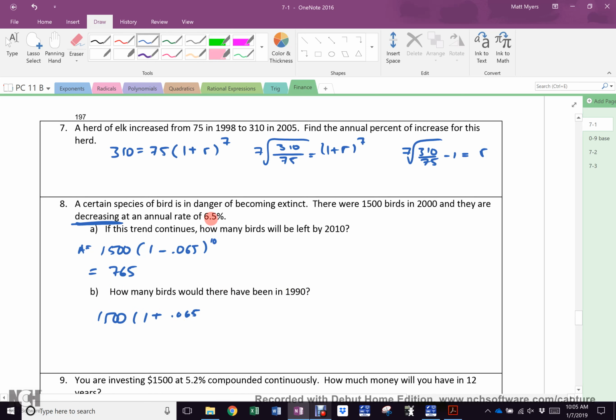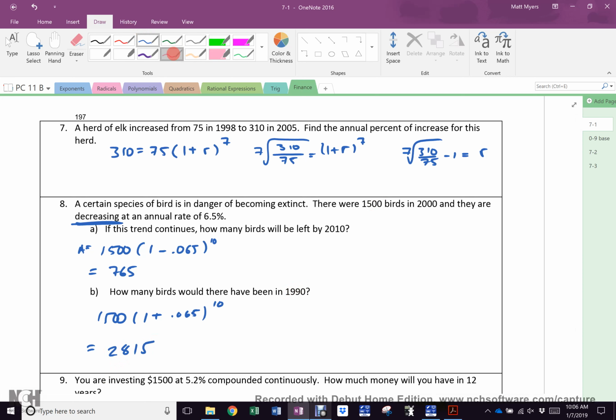But I'm decreasing at 0.65. Well, what happens if we do this? Let's see. And how many years would it be? We're going back 10, yes? Okay, so punch that in. What do you get? 2,815, yeah? So 1990 to 2000, right?